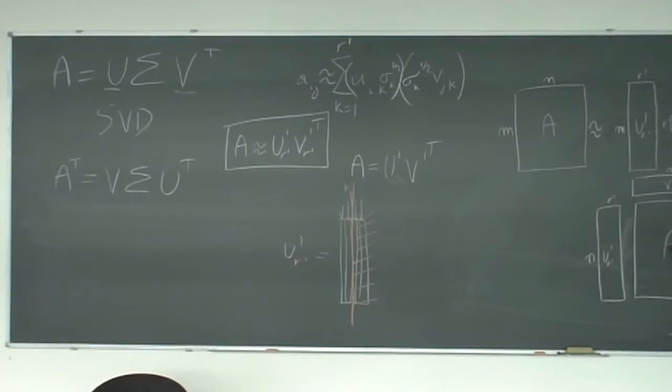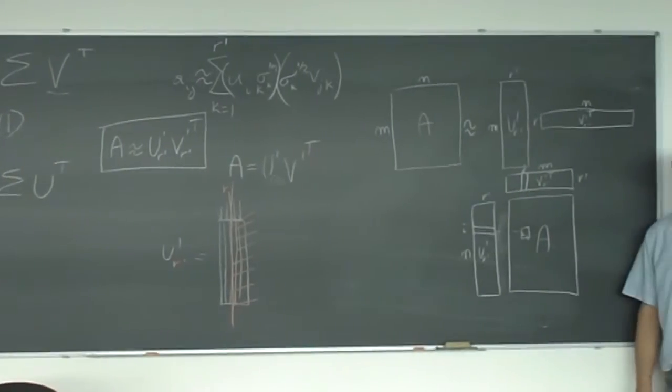So that the generic element Aij is approximated by multiplying this row, the i-th row of U prime R prime, by the j-th column of V prime R prime transpose.